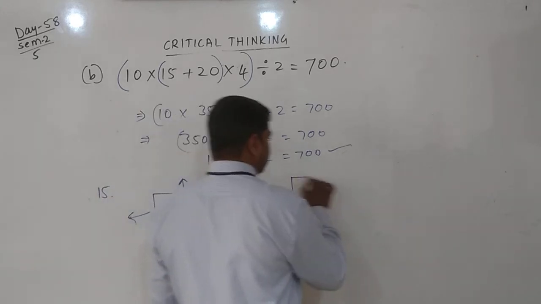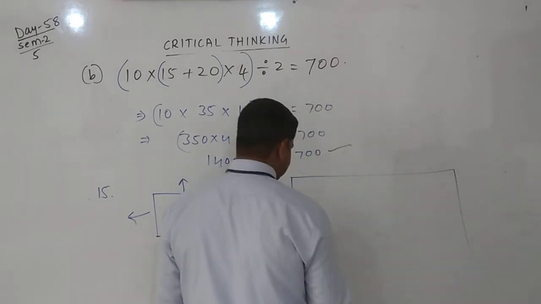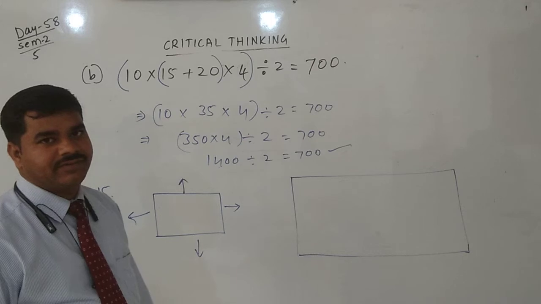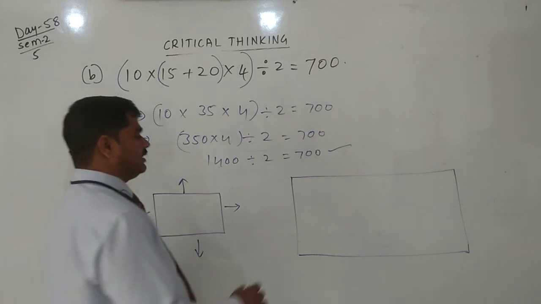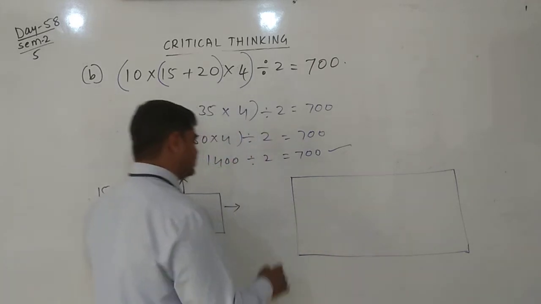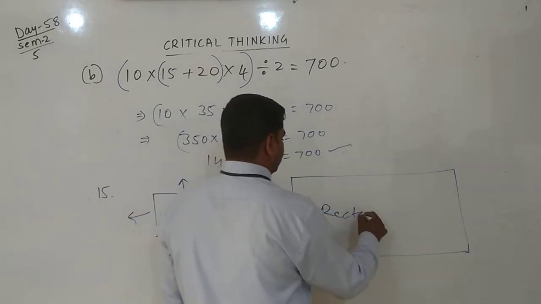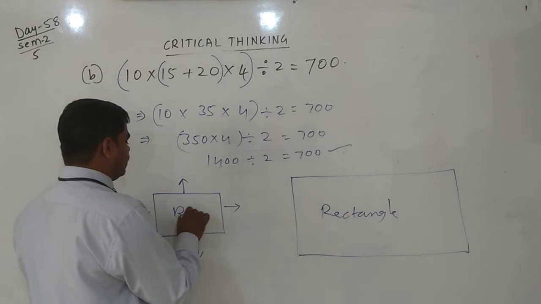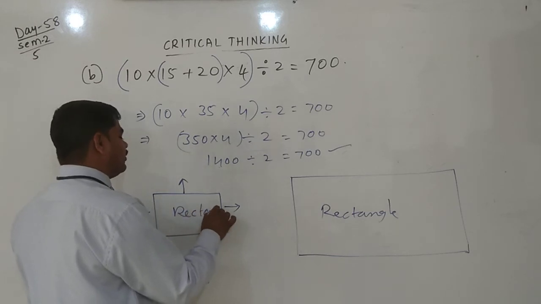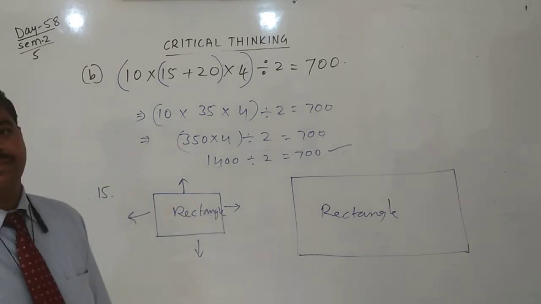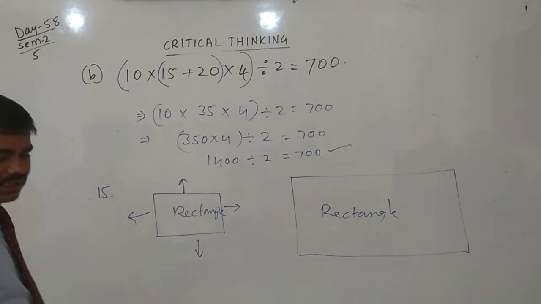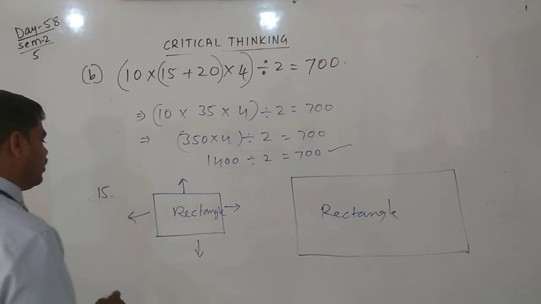Enlarge here and here also, at the same distance in all directions. Then this is also a rectangle. We got again a figure similar to the original. How will you get it? Enlarge with the same distance in all directions. That's the right answer.